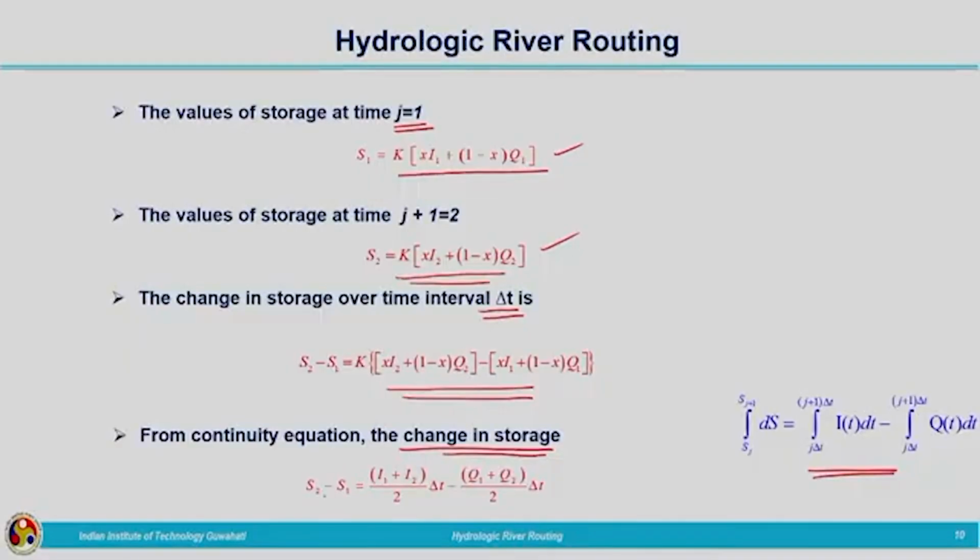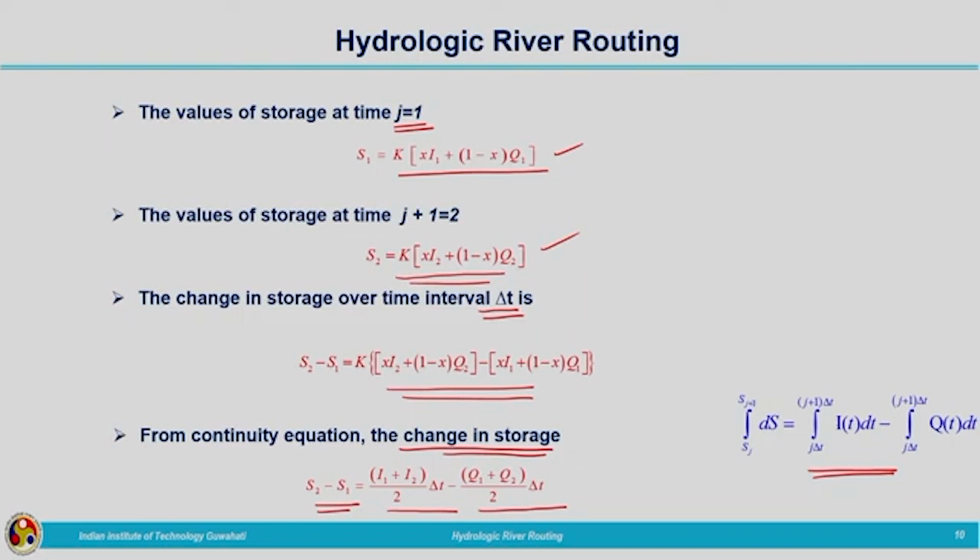So, we can replace this equation by the average values. The same procedure which we have utilized in the case of reservoir routing, we will make use for the continuity equation. So, we can write the expression for change in storage S2 minus S1 by this equation, that is (I1 plus I2)/2 times delta t minus (Q1 plus Q2)/2 times delta t.